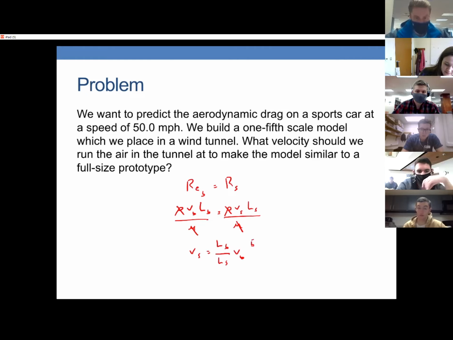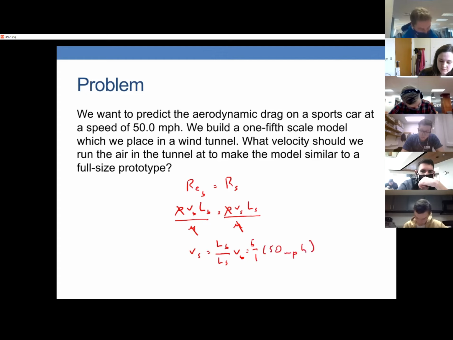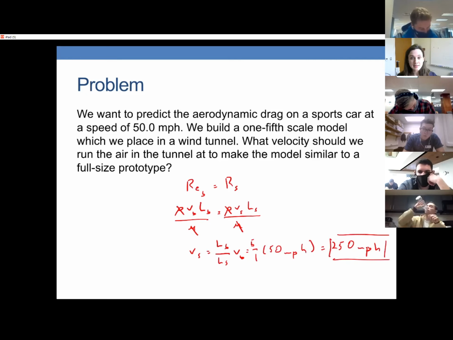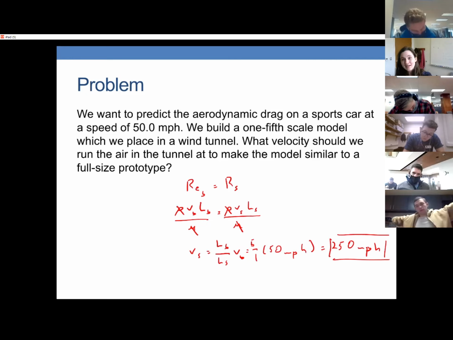It's going to be 5 over 1, because the big one is 5 times as big as the little one, times 50 miles per hour, which is equal to 250 miles per hour. So that is why we go through this whole process. The intuitive thing your mind probably leaps to is the little car is 1/5 smaller, so make the velocity 1/5 the size. But by doing this, we realize that it's actually the opposite.